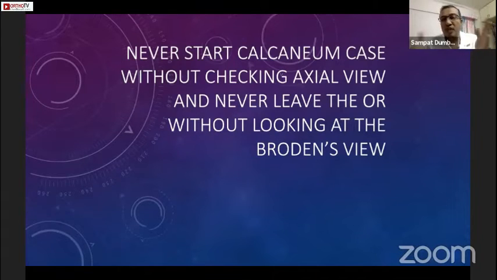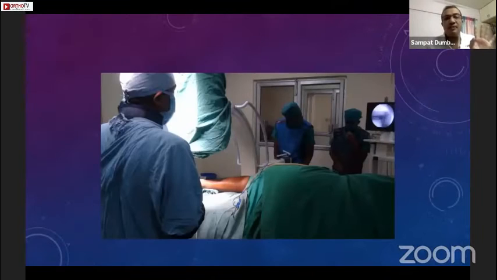Sometimes our end of the table has a metal end, and seeing the axial view is really a challenge. So preoperatively, see how the patient has to be moved. Before painting and draping, start with the axial view and end with a good Broden's view.